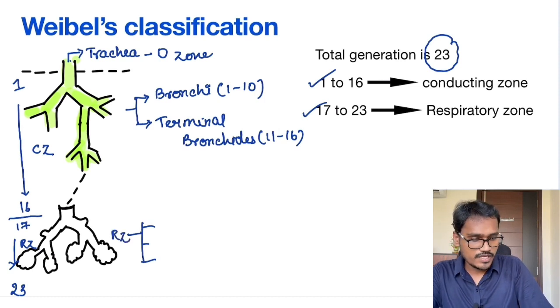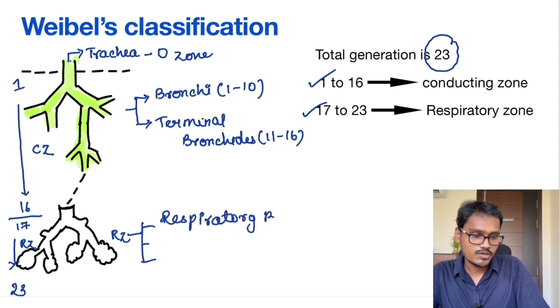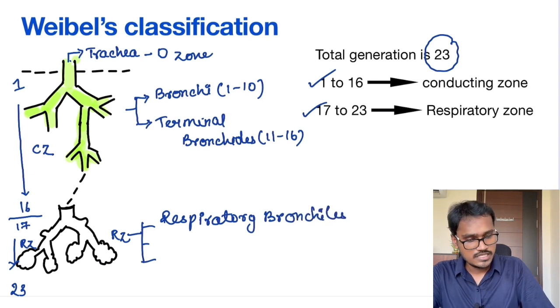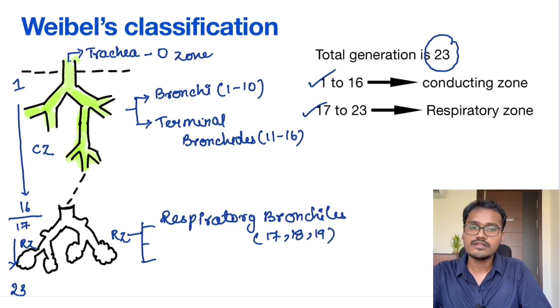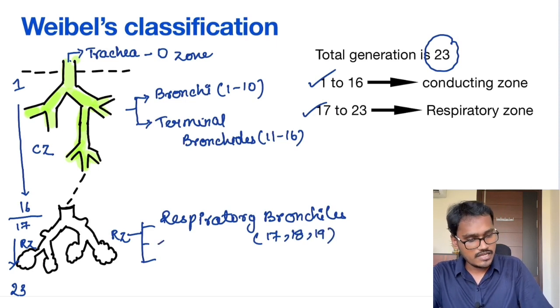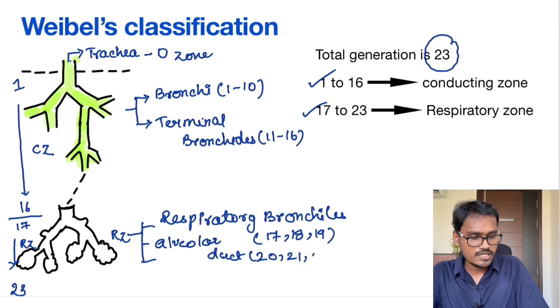In respiratory zone, we have the respiratory bronchioles. What is the division number? The division number is 17, 18, 19. Then we have the alveolar duct, which is 20, 21 and 22. Then finally we have the alveolar sac.